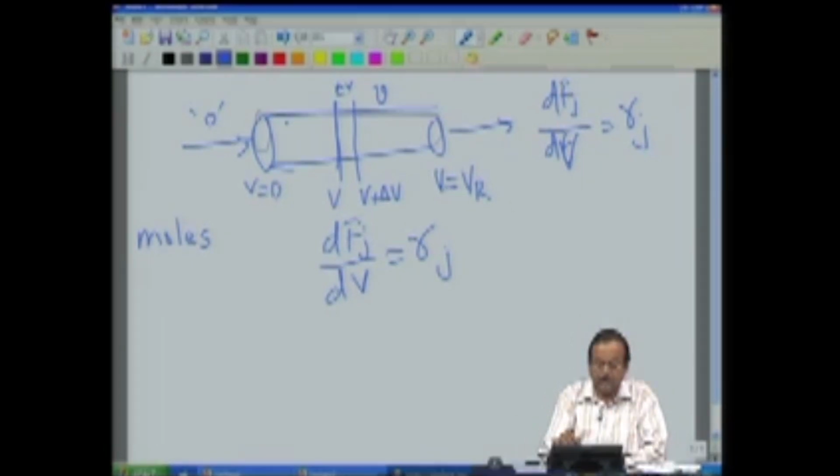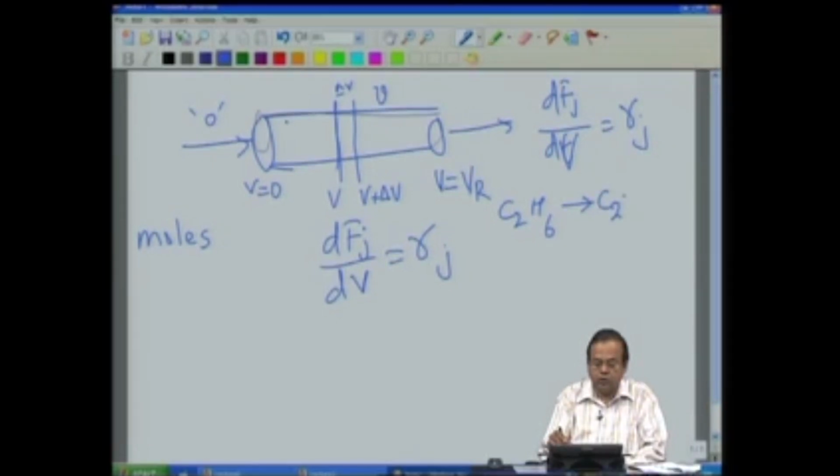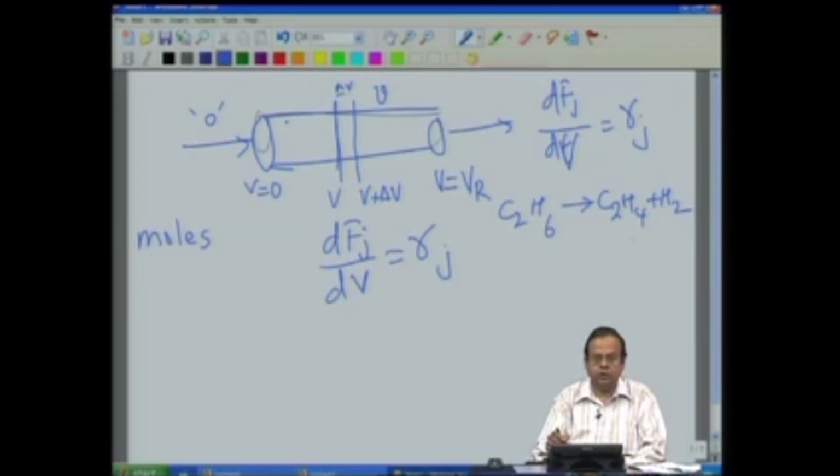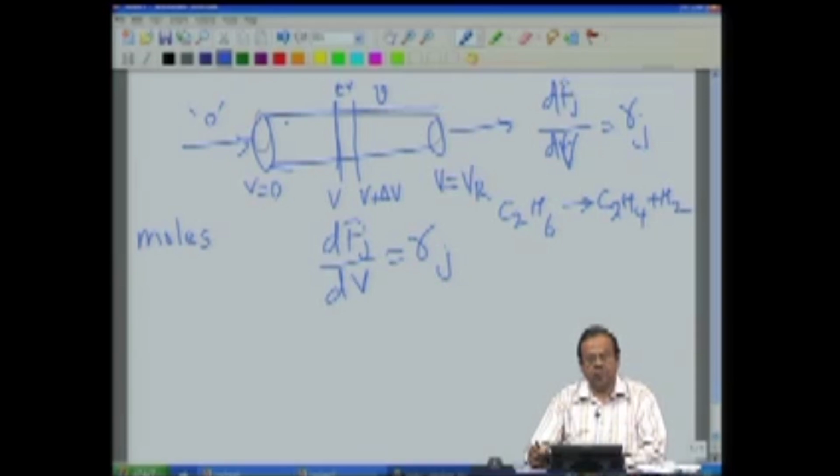For example, we had this reaction of ethane undergoing dehydrogenation to ethylene plus H2. We had earlier spent some time on how we calculate the flow rates and how they are dependent on temperature and pressure, but let us reiterate this example once again and how it affects the design equation for a plug flow reactor.